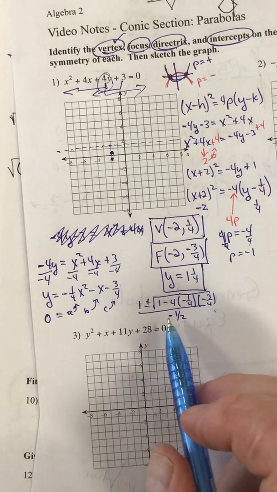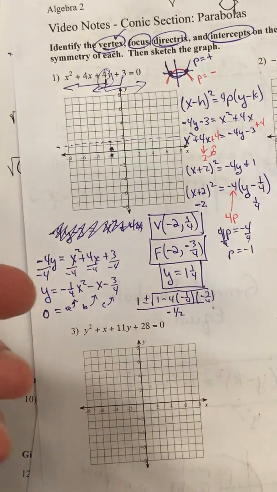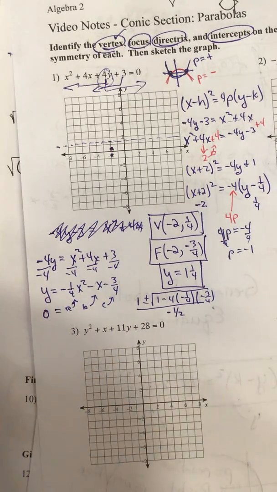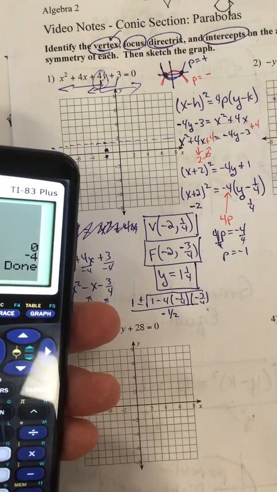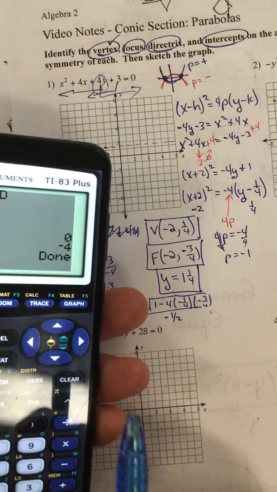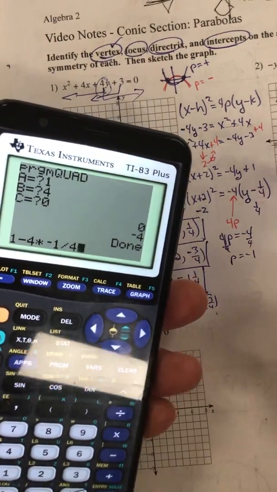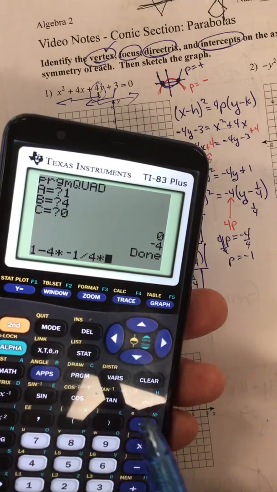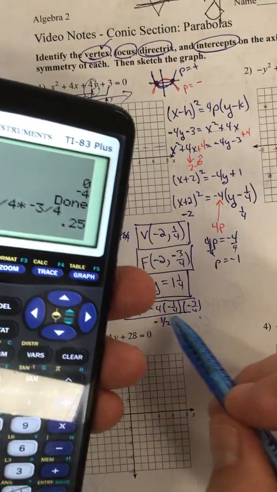Okay, so if you don't have a calculator, we're going to have to do it this way. So let me see what's this number inside there. Any calculator can do that. So inside there I have 1 minus 4 times negative 1/4 times negative 3/4. Inside there is 1/4.